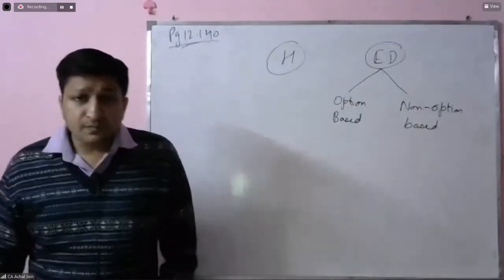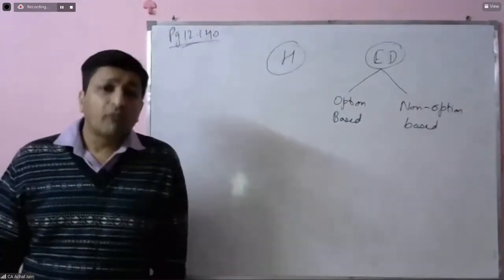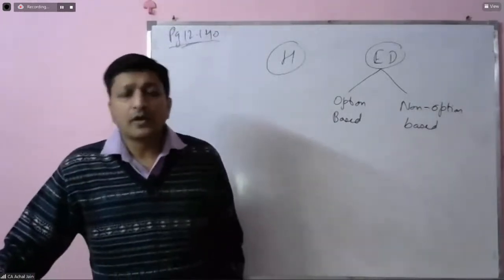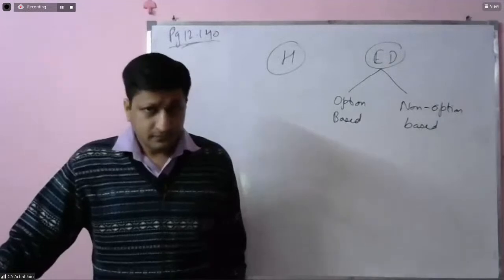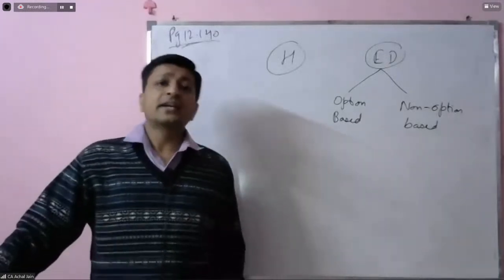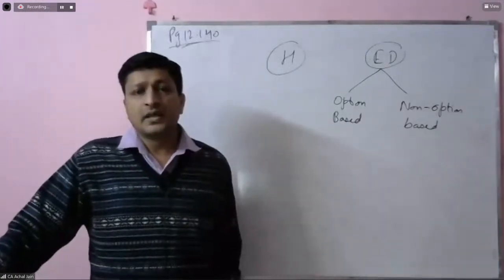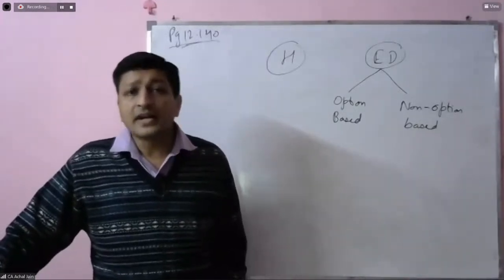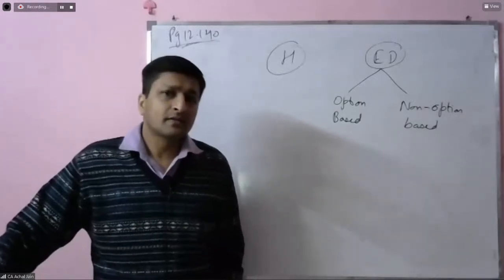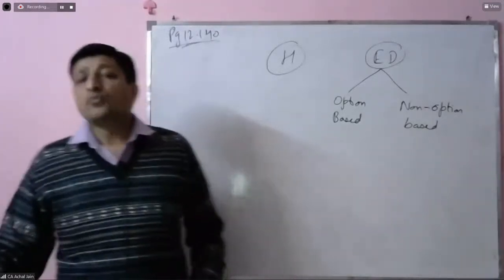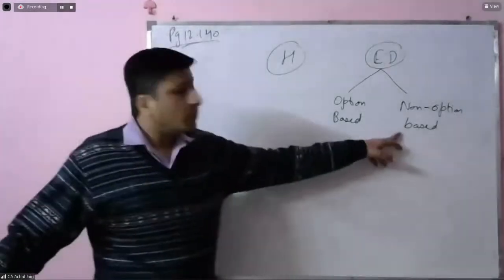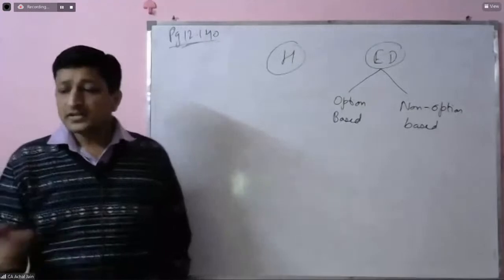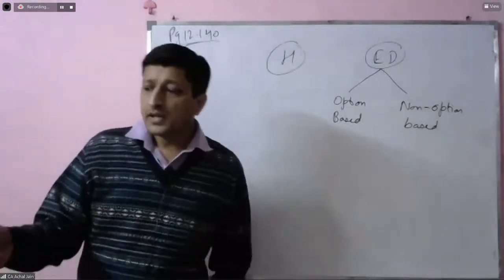Now, if you look at the forward contract, the swap contract, what are those? These are those which are necessarily required to be settled. These cannot get expired without exercising. So what do we call them as? Non-option based derivative. Okay. Now, with this understanding, let's get back to this para.